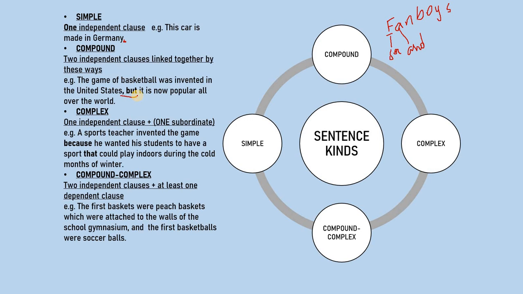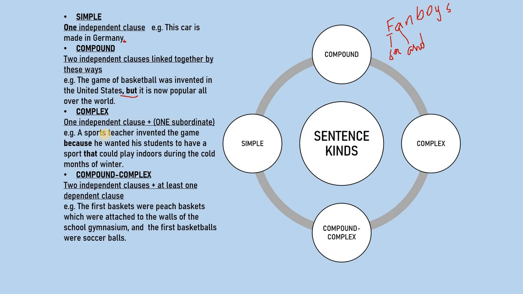For example, a sports teacher invented the game because he wanted his students to have a sport that could be played indoors during the cold months of winter. So this is a part of the game of basketball.